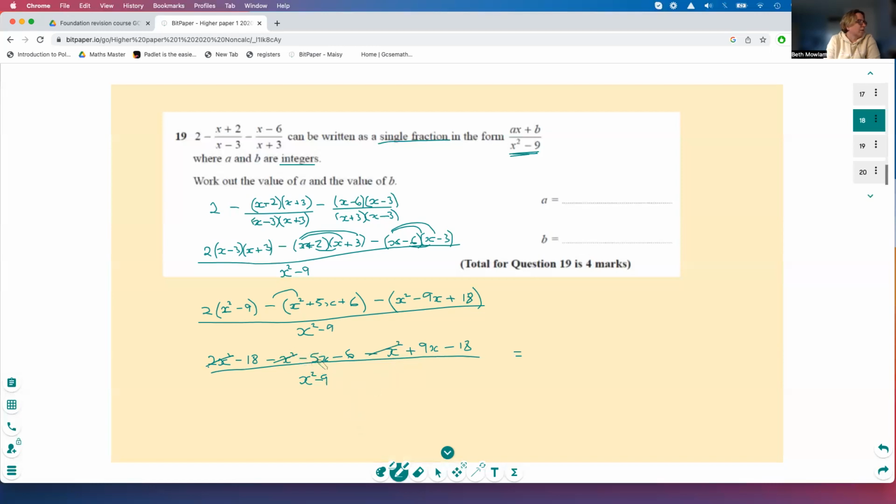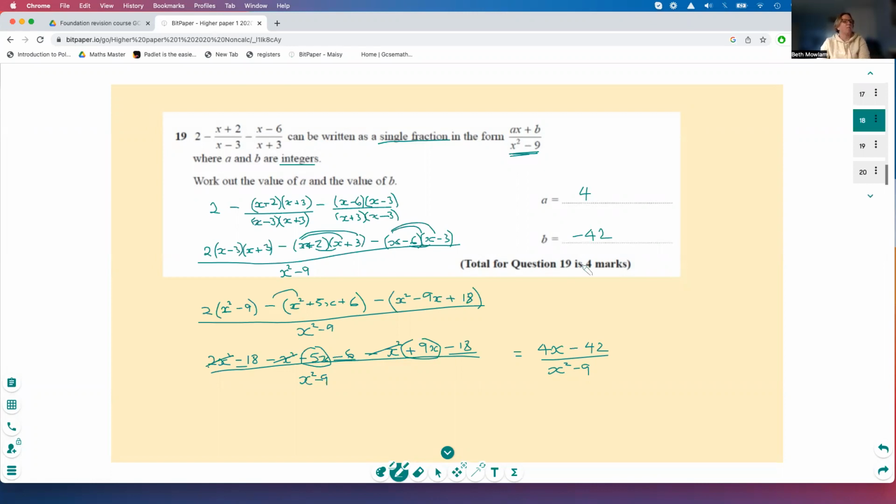I've got minus 5x plus 9x is 4x. I've got minus 18 minus 6, which is minus 24, minus another 18, so minus 42, over x squared minus 9. Look at what we wanted, ax plus b. So a is 4, b is minus 42.